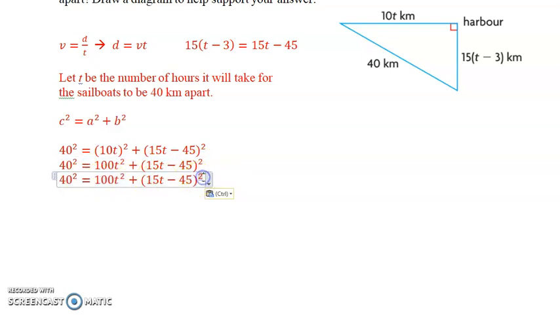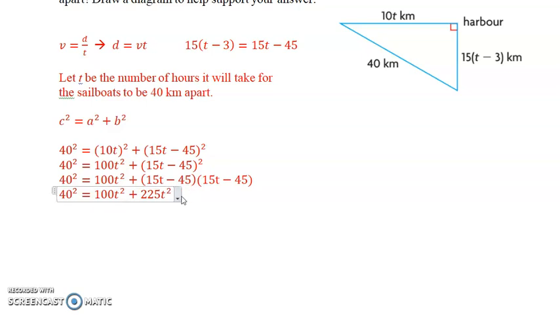Okay, here we go to the distributive property, a little more complicated, not a big deal though. So we would have 15t minus 45 multiplied by 15t minus 45. Expanding that, we do the distributive property. 15t times 15t is 225t squared. 45 times 15, we get 675, so it's minus 675t.